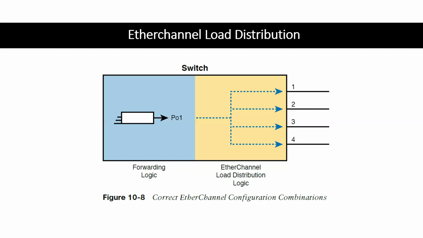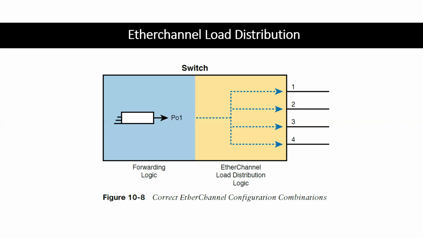It means you're telling the switch to load balance based on the source MAC address. If we use a source MAC address, and this is just an example, it'll forward traffic out the same physical interface. It will not load balance that traffic across different interfaces.